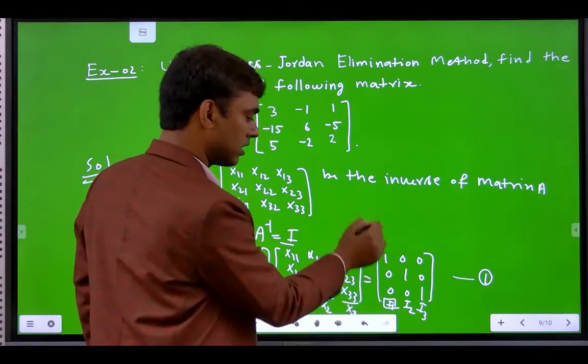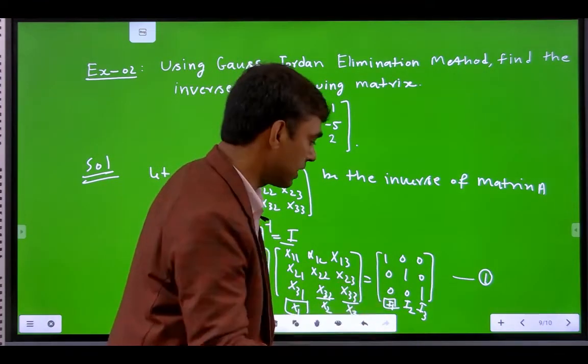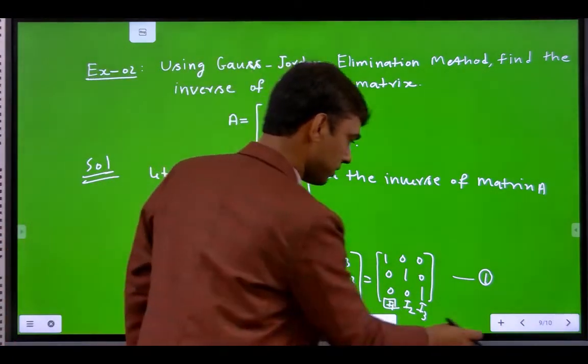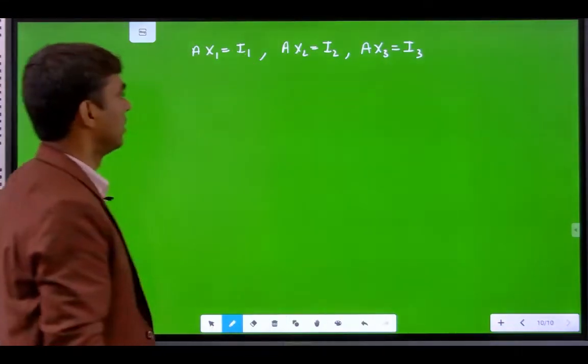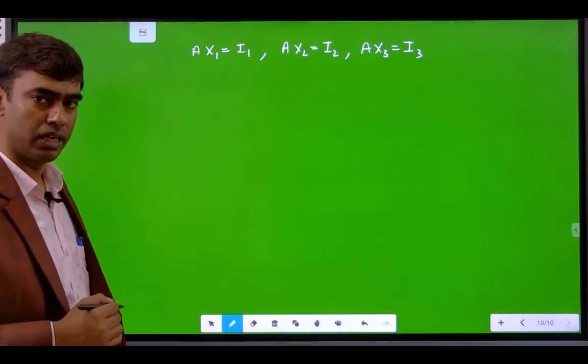Similarly, I1 is the first column of our identity matrix, I2 the second column, and I3 the third column. So Ax1 equals I1, Ax2 equals I2, Ax3 equals I3.